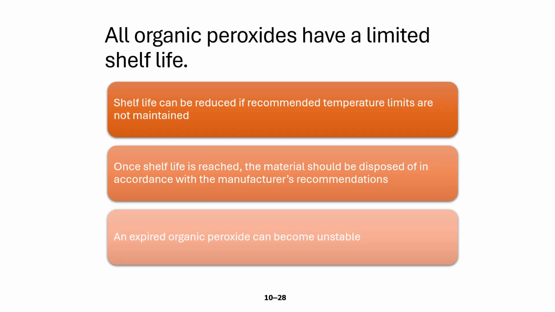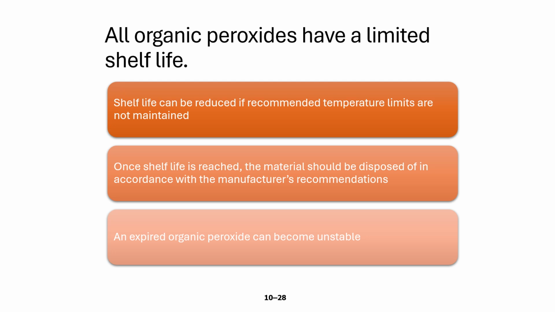All organic peroxides have a shelf life, and it's usually 1 year or less. Shelf life can be reduced if the recommended temperature limits are not maintained. So they start decomposing if the area that they're stored in is not environmentally controlled.